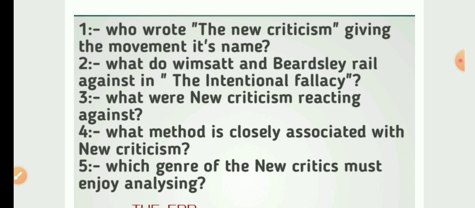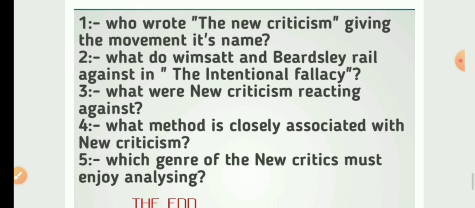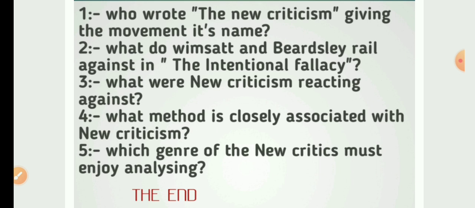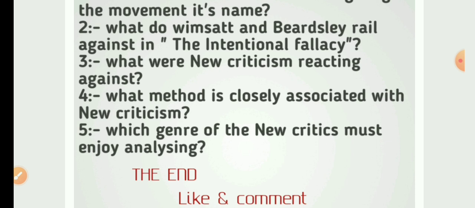When you read The Intentional Fallacy, you will get to know what Wimsatt and Beardsley are trying to say in it. And what was new criticism reacting against? What method is closely associated with new criticism? And the last one is which genre the new critic must enjoy analyzing.